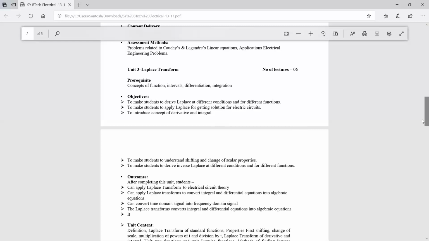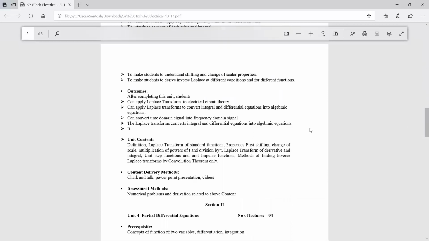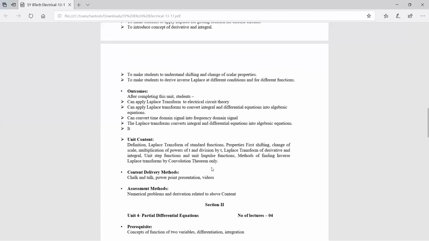Now see what the content of chapter number 3 is. First, the definition of Laplace transform. Laplace transform is nothing but a simple integral function. Laplace transform of standard functions, first shifting property, change of scale property, multiplication by power of t and division by t, Laplace transform of derivative and integral, unit step function, unit impulse function, and methods of finding inverse Laplace transform by convolution only.